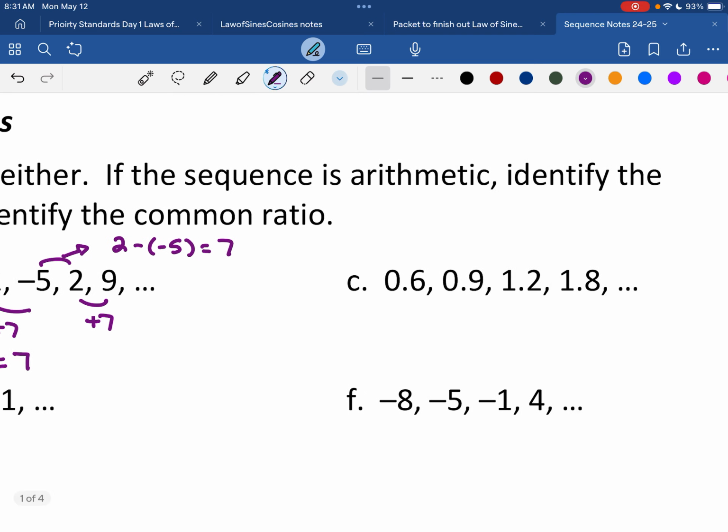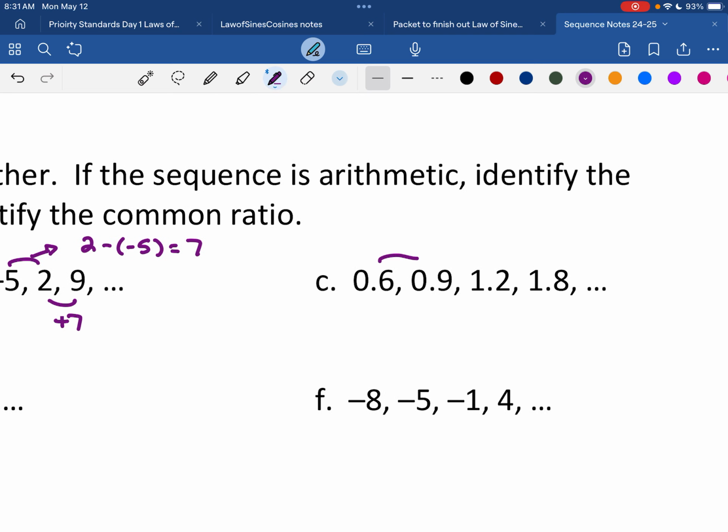Going on to this next one, I have a +0.3, I have a +0.3, and then I have a +0.6. So this is not the same value. What you can also check is whether you have division. So that didn't work. If I check division, 0.9 divided by 0.6 equals 1.5.